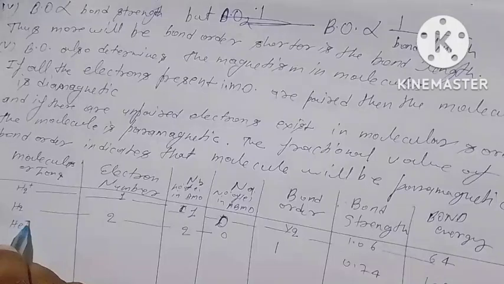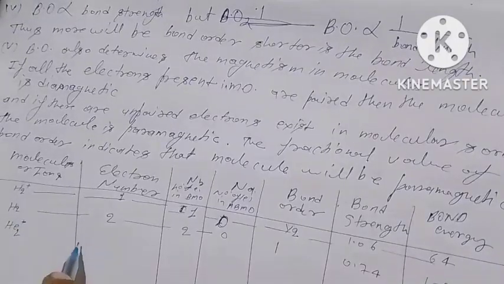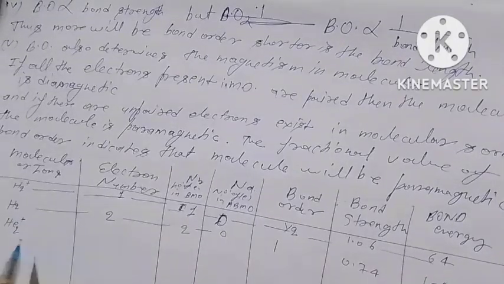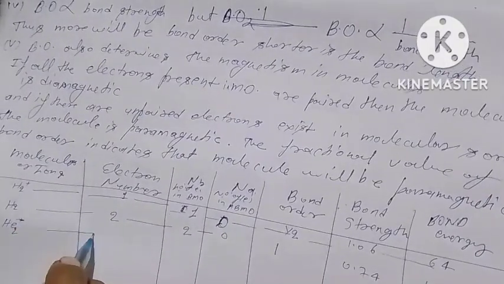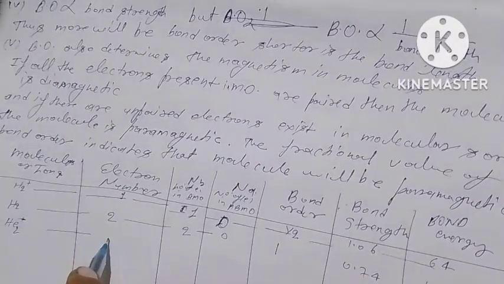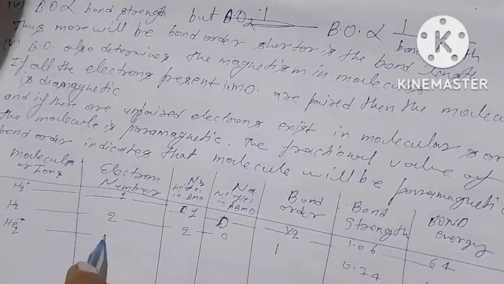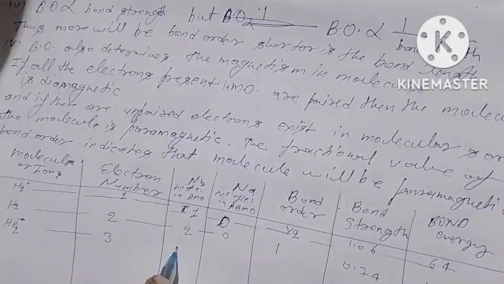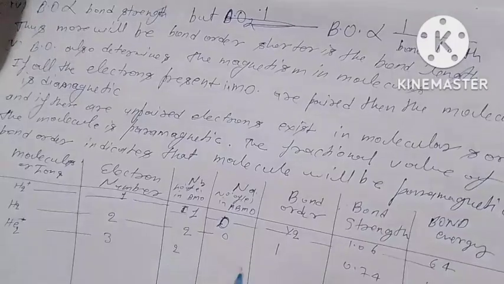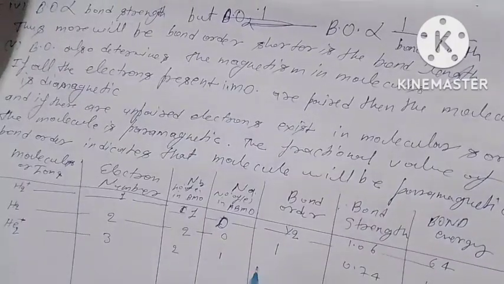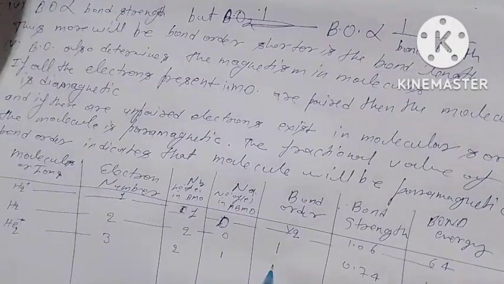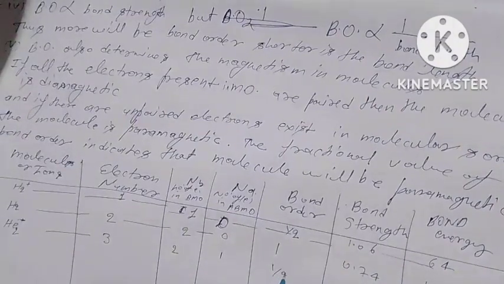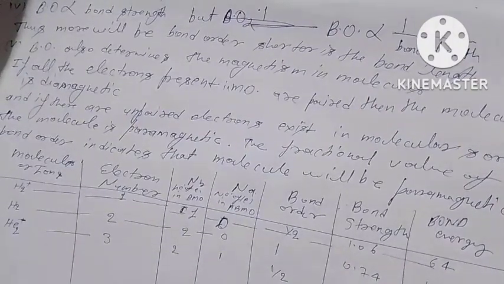Helium molecule positive ion: number of electrons 3. Nb is 2 and Na is 1. Bond order is 1/2.